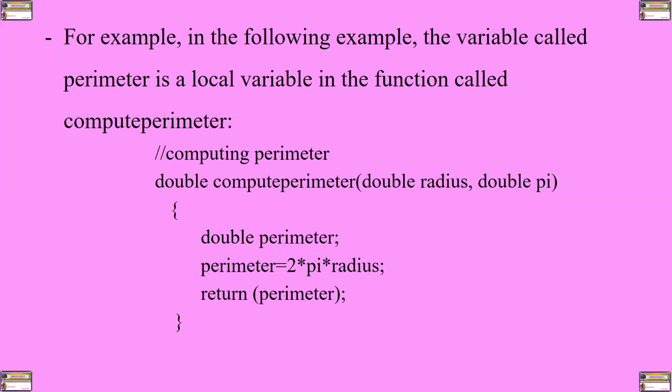Because perimeter is a local variable, we have to send back the result to the invoking function. To pass this result, we pass the value stored in the local variable called perimeter, and that's what the statement return perimeter in parentheses does.